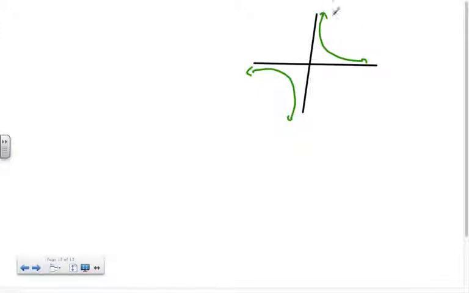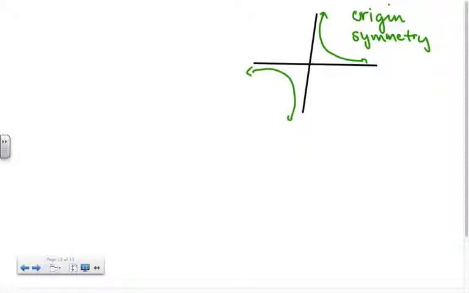You can't really tell, so this is the symmetry at the origin. Okay. So we have the three types of symmetry.